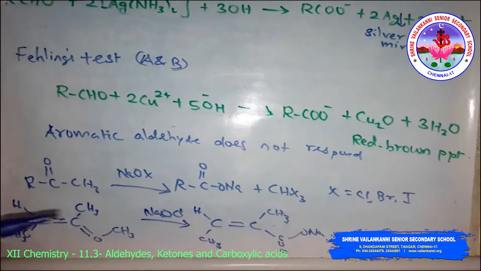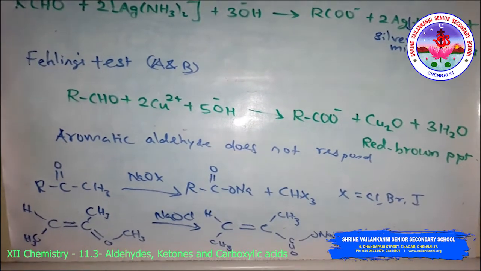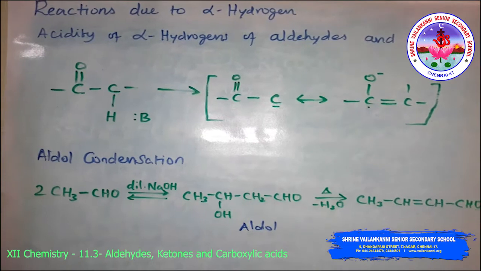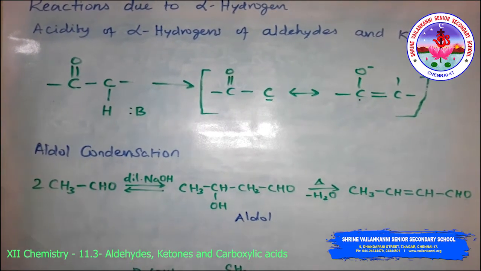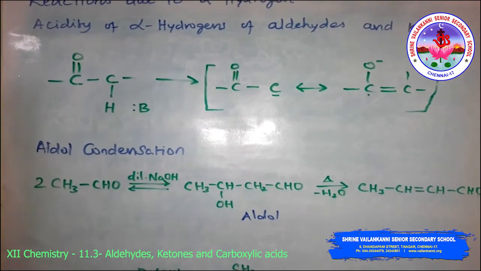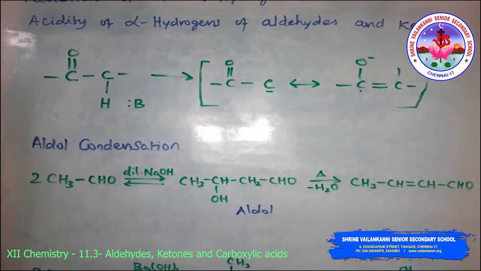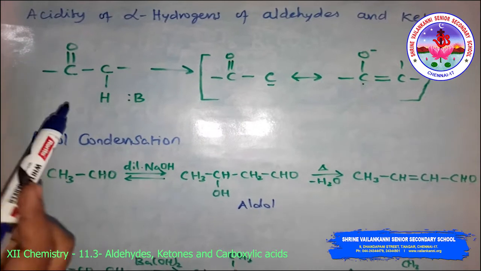Next we will discuss the reactions due to the alpha hydrogen. Acidity of alpha hydrogen of aldehydes and ketones. The aldehydes and ketones undergo a number of reactions due to the acidic nature of the alpha hydrogen. See, this is the alpha carbon, so this is the alpha hydrogen.